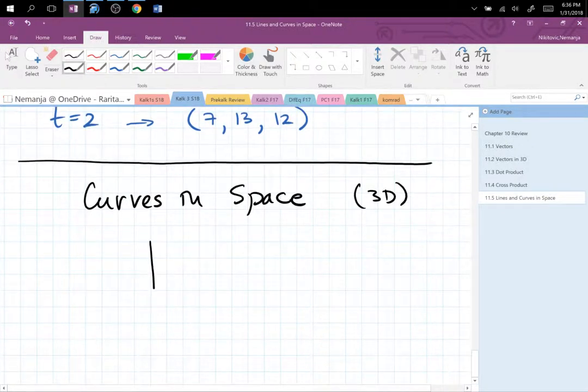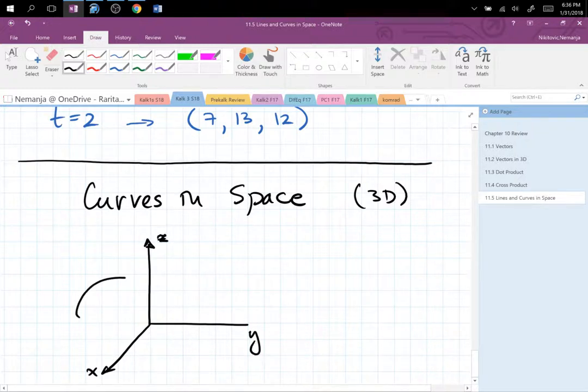We are going to draw the 3D system, x, y, z, and we're going to draw some kind of a curve. And we are going to stretch the vector r, starting at 0, and the vector r is going to follow along and hit every single point, not just the ones that I outlined. There are infinitely many points. You need to trace through all of them to draw this line.